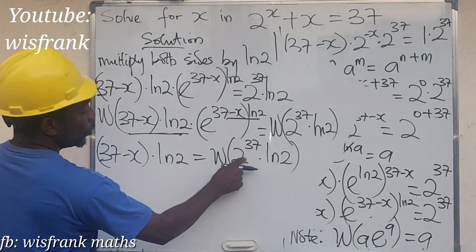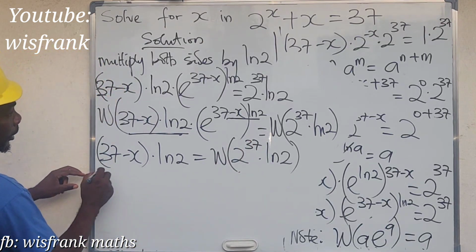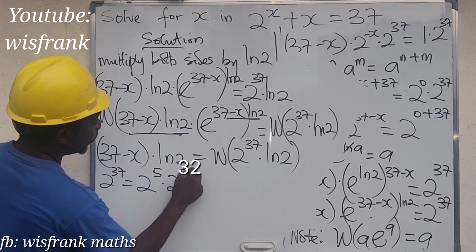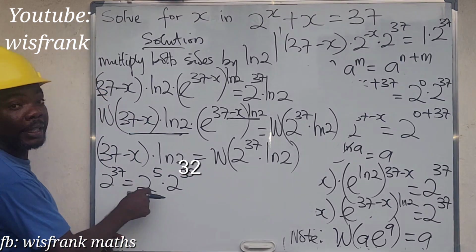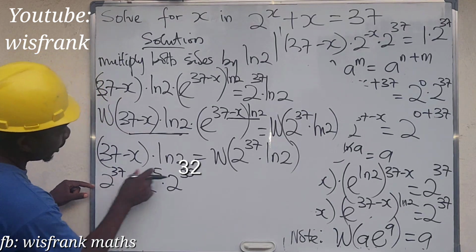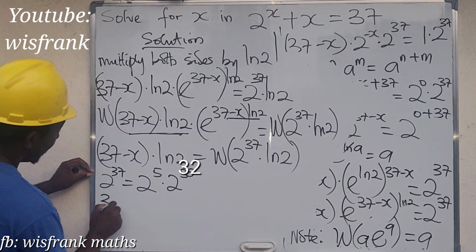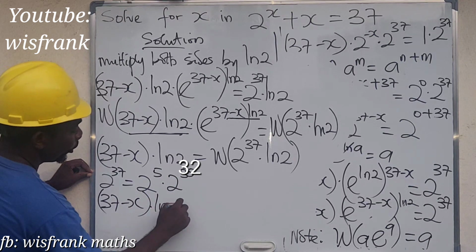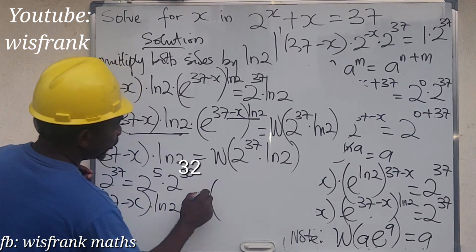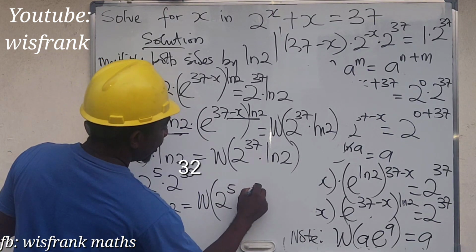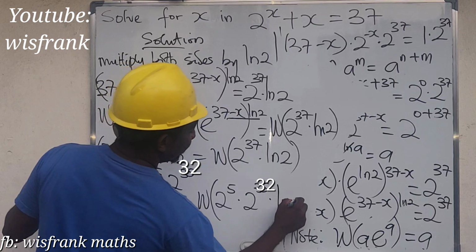Here, this 2 raised to the power of 37 can be written as 2 to the power of 5 times 2 to the power of 32. It means that 2 to the power of 5 is 32, that is 2 times 2 in 5 places. So we are going to substitute this into where we have this. So we have (37 minus x) times ln of 2 equals the Lambert W function of 2 to the power of 5 times 2 to the power of 30 times ln of 2.